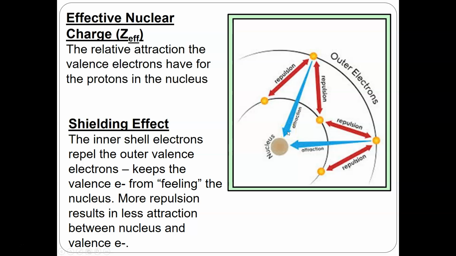They want to be next to each other. In red, you can see the effect of the shielding. All these inside electrons are repelling these outside electrons, causing a buffer, a shield, so that the poor nucleus cannot pull as hard, and they end up a little bit further out than normal.